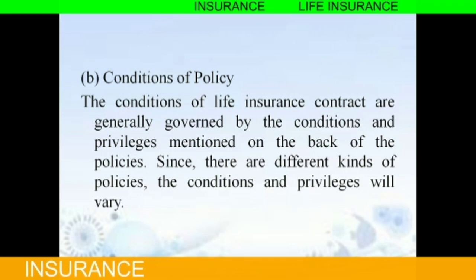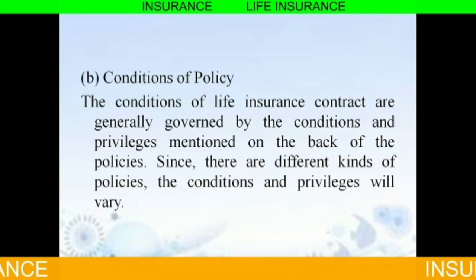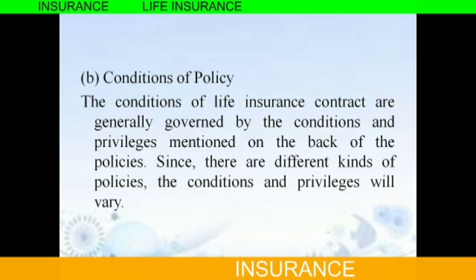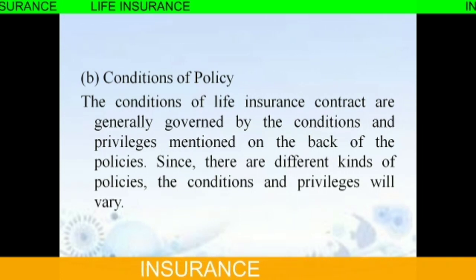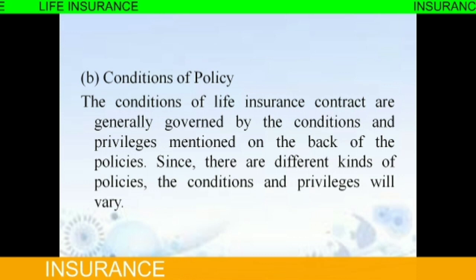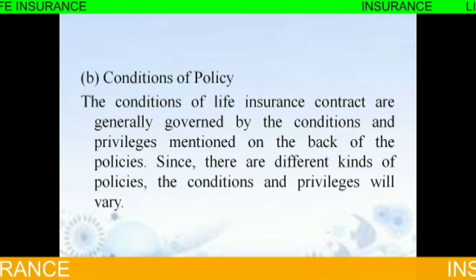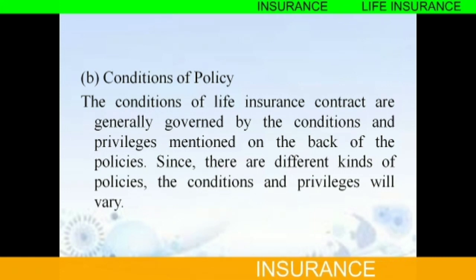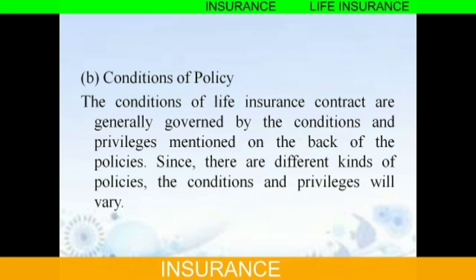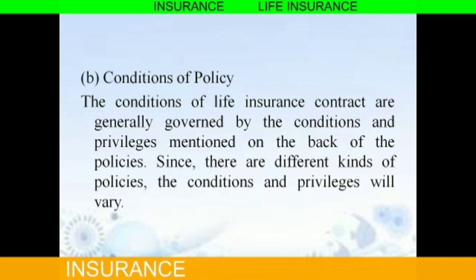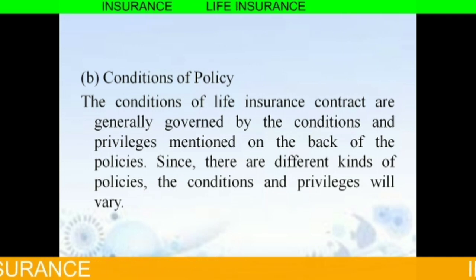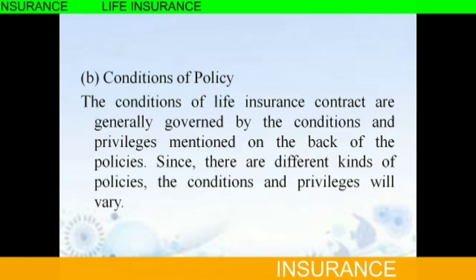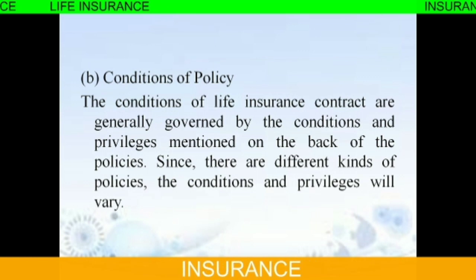Conditions of a life insurance contract are generally governed by the conditions and privileges mentioned on the back of the policies. Since there are different kinds of policies, the conditions and privileges differ from policy to policy. So once you take one policy, the terms and conditions will be of one type, and if you take another policy, they will be different.